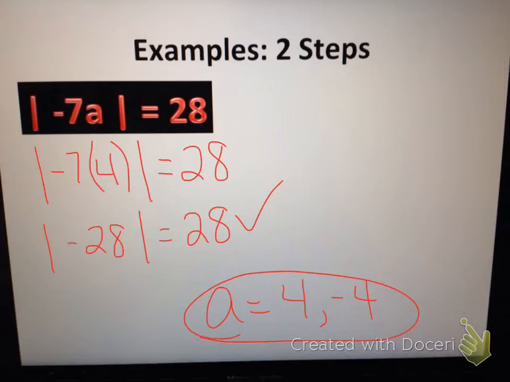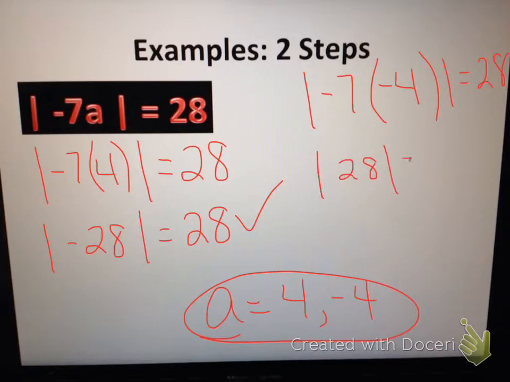We can do the same thing with our other answer. We have the absolute value of a negative 7 times negative 4 is equal to 28. Negative 7 times a negative 4 gives us an absolute value of a positive 28 is equal to 28. Again, we find that our answer checks out. Pause the video and try to do number 5 on your notes.